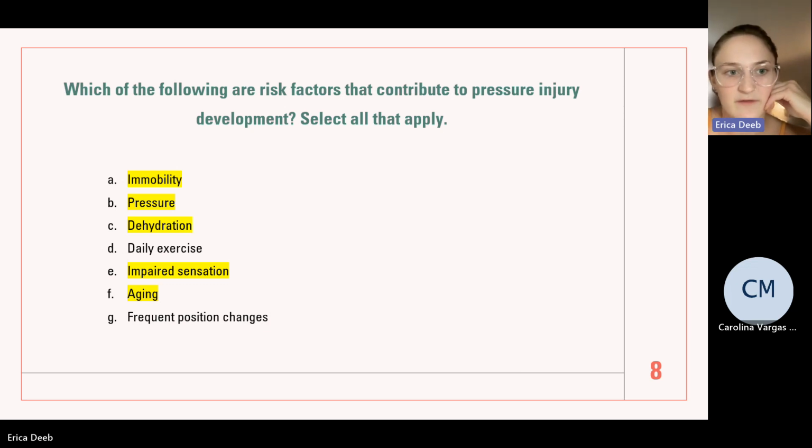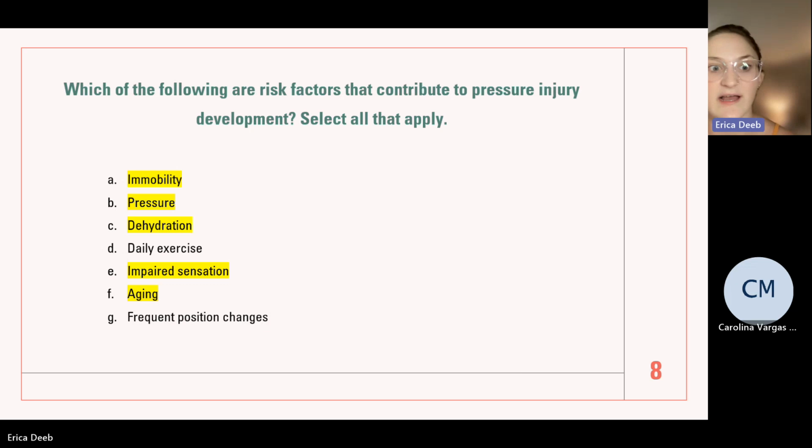Impaired sensation is going to be one of the biggest ones. This is technically the most important one that contributes to pressure injury because they don't notice that they're having that intense pressure. If you are able to feel, if you're a little bit younger, you can be like, oh, I've been sitting on the same spot for a while, it's getting sore and numb.